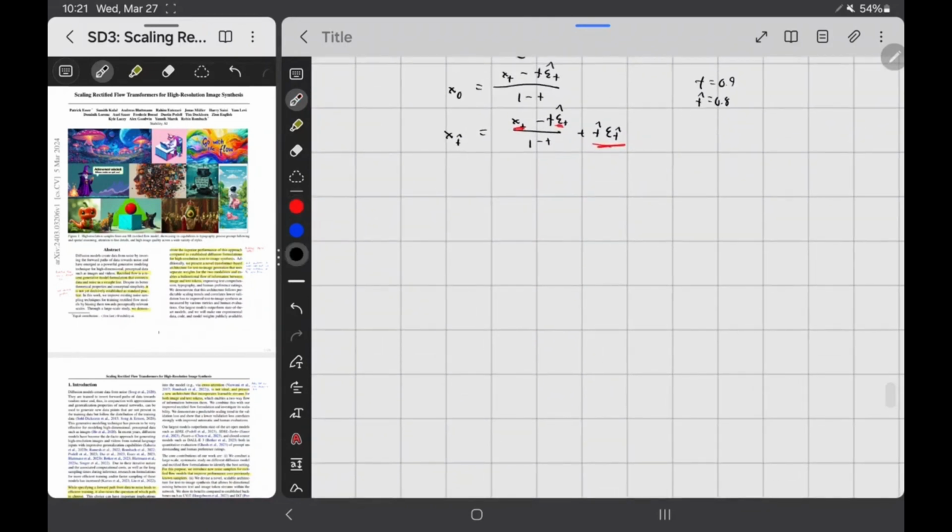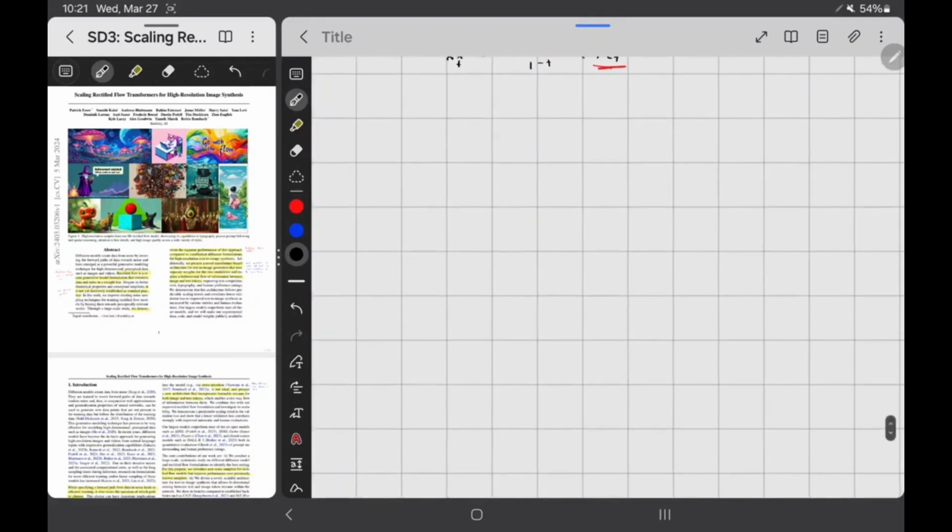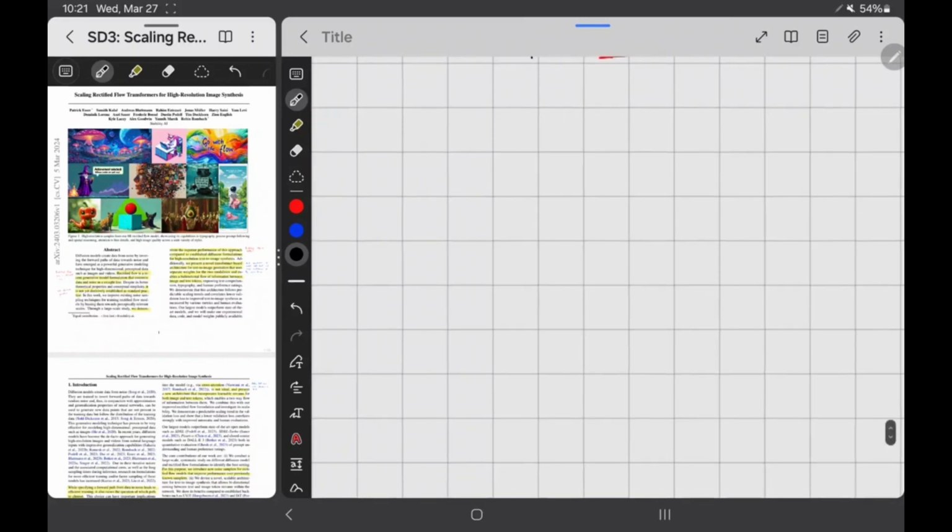Now that was the first version of this. What we do now is use ODEs and SDEs, and I think that was actually before DDPM with Dr. Song, who had his score-based models with SDEs and ODEs.